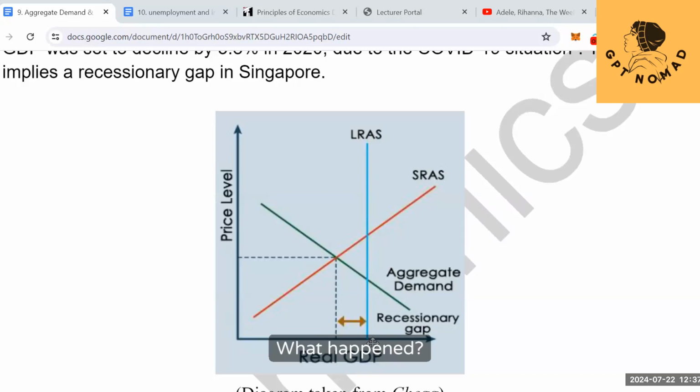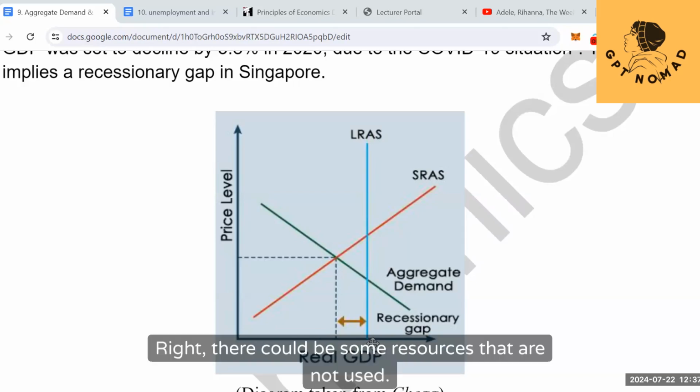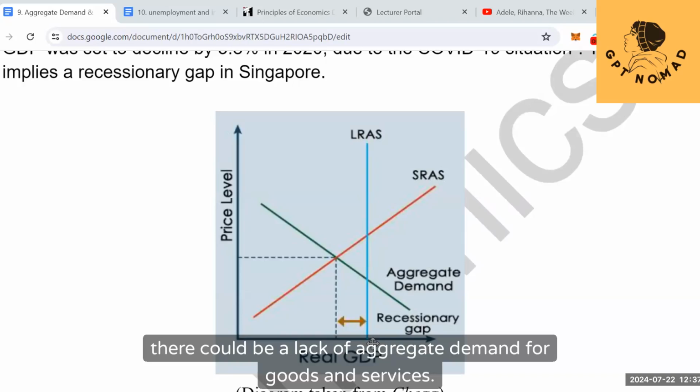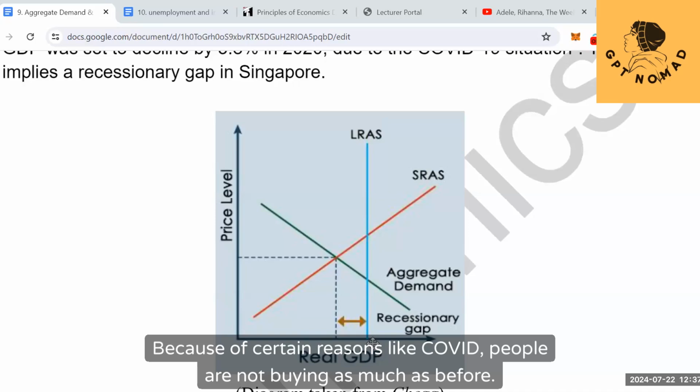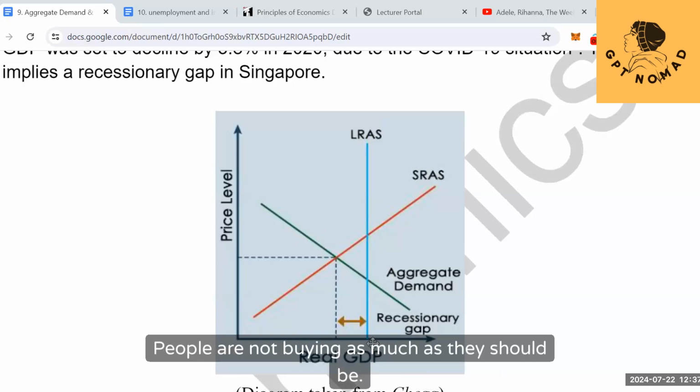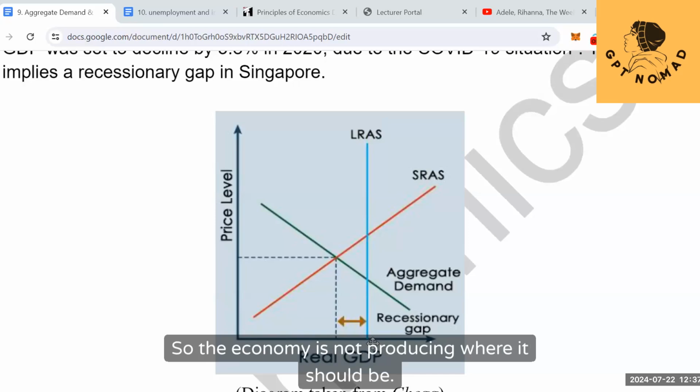What happened? There could be some resources that are not used. There could be a lack of aggregate demand for goods and services. Because of certain reasons like COVID, people are not buying as much as they should be, so the economy is not producing where it should be.